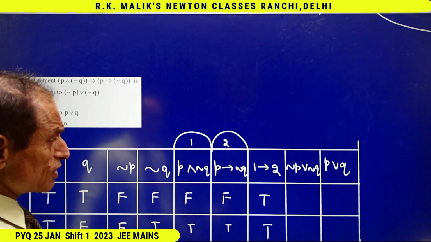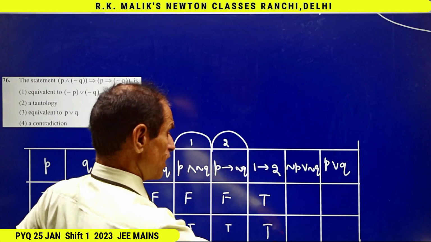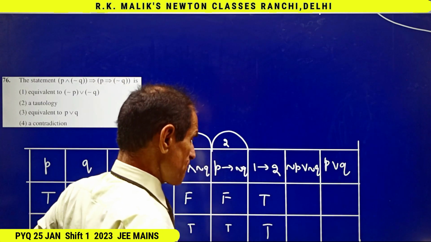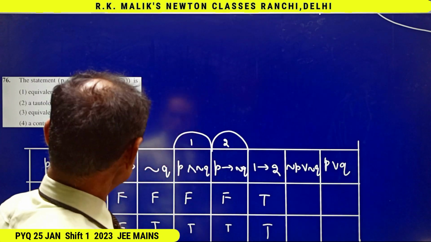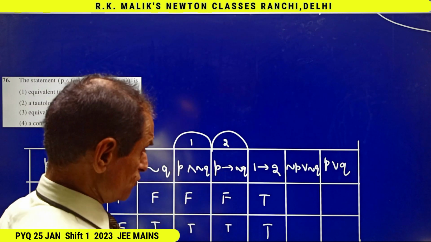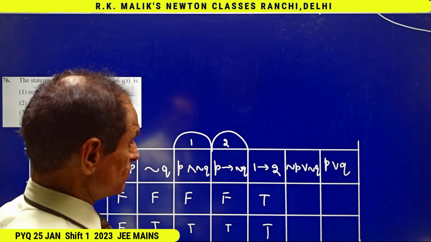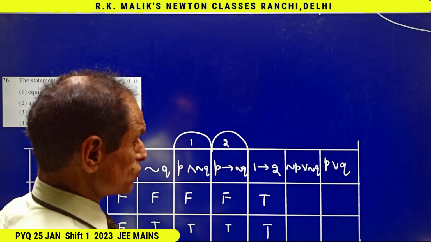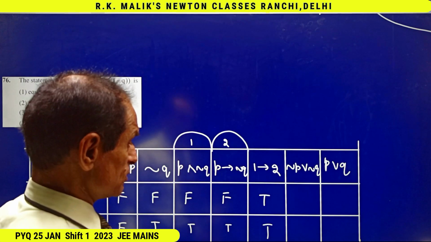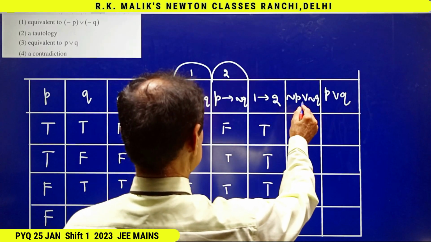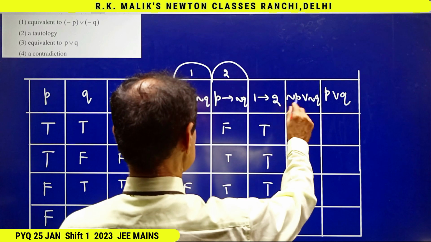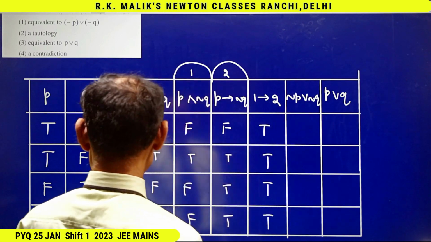Still, for more clarity, let me complete the other two columns also. You will find that this is the only correct choice. Agreed, in JEE Mains, only those questions come in which a single choice is correct. This is false only if both are false, otherwise it is true.